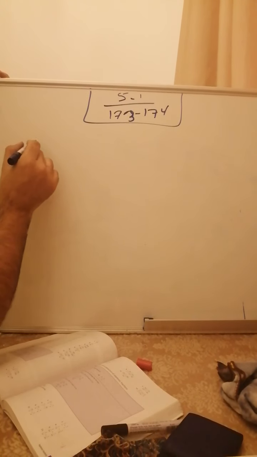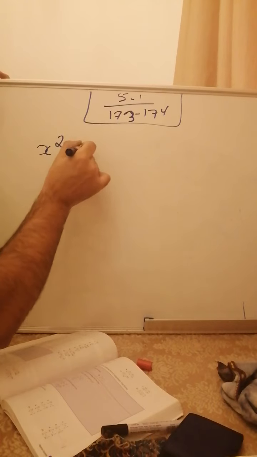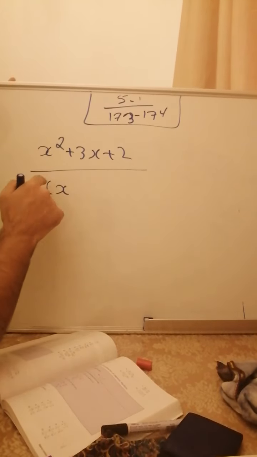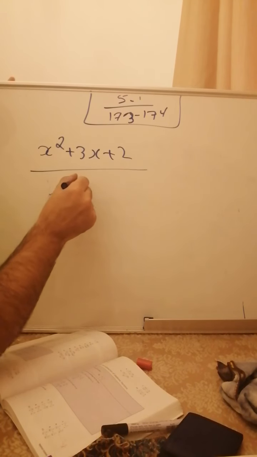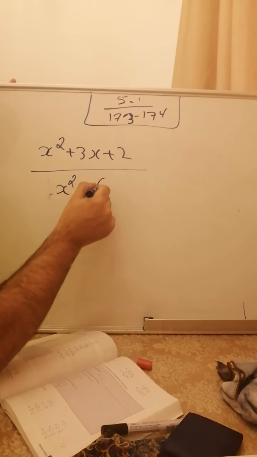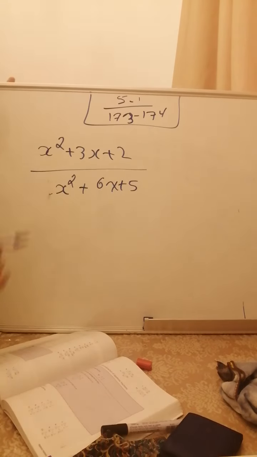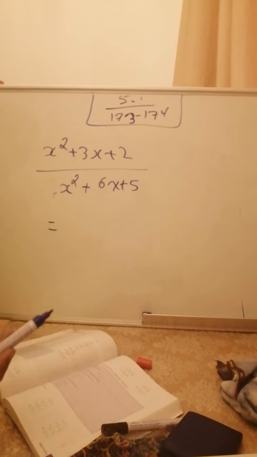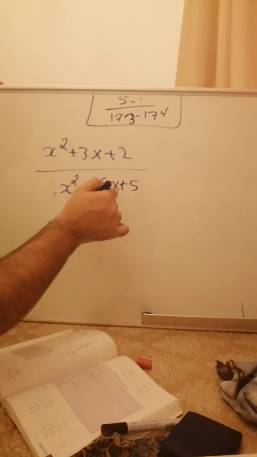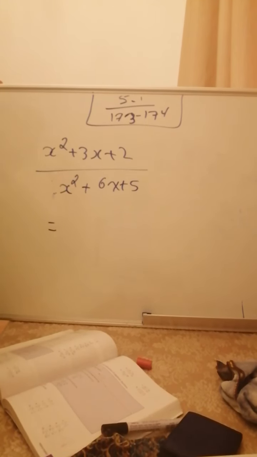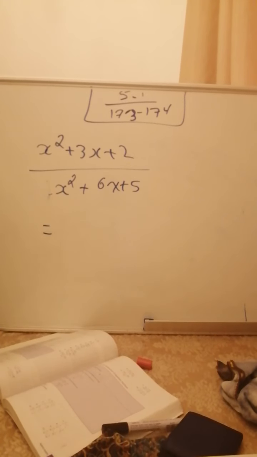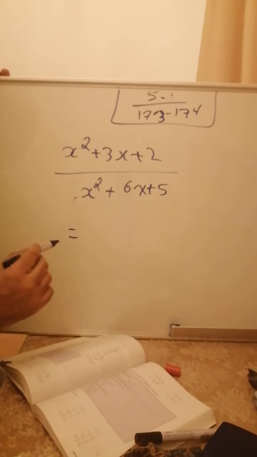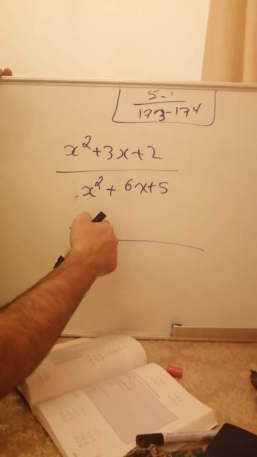Guys, if I have x squared plus 3x plus 2 out of x squared plus 6x plus 5, here some of the students might cancel x squared, x with x. This is impossible. I have addition. What I'm going to do, I'm going to factorize up and down.